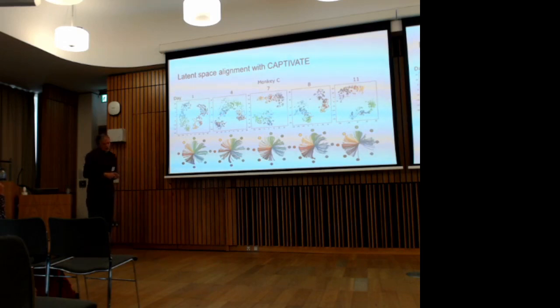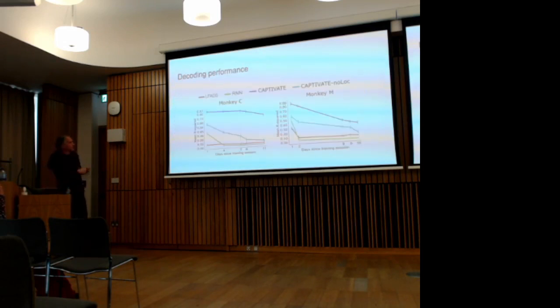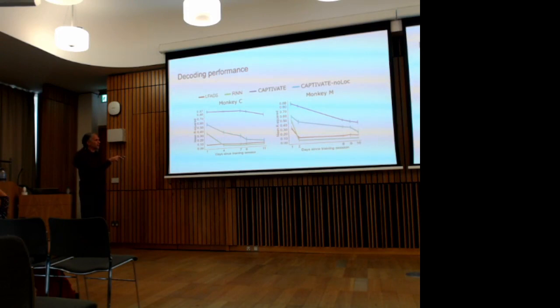So, over a week, here are some R-square values for 2 animals. On the first animal, where we had more neurons, the performance is pretty good over about a week. In the second animal, with fewer neurons, the performance drops much quicker. But any competing model, here's a standard RNN, here's Elfard's, they cannot do this prediction of unseen sessions.